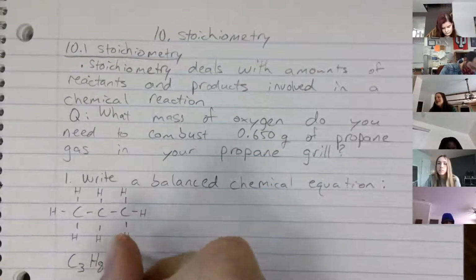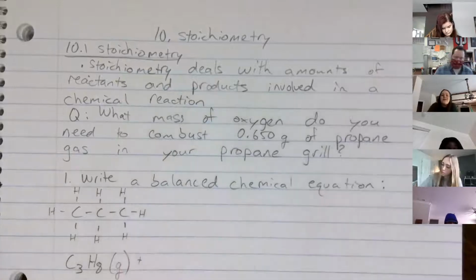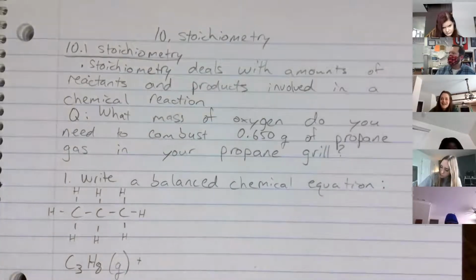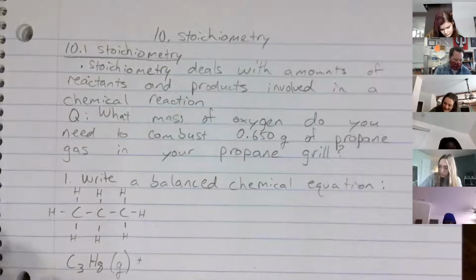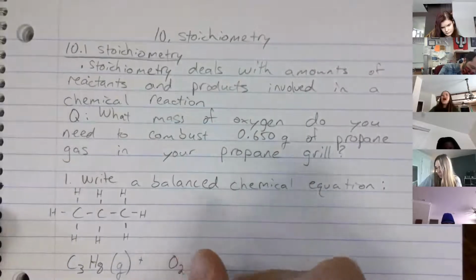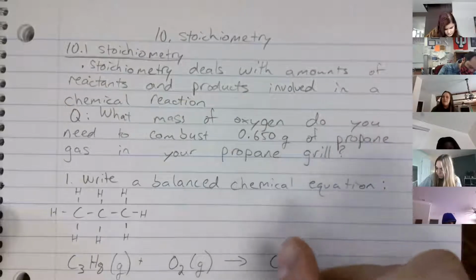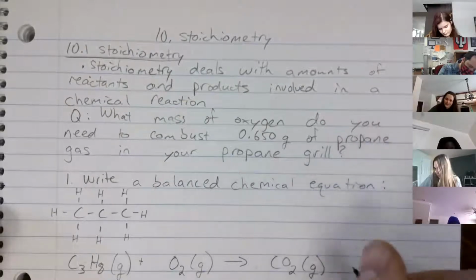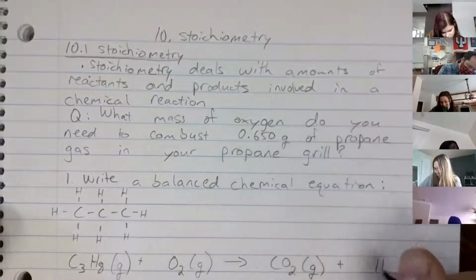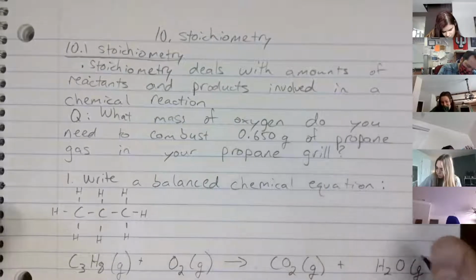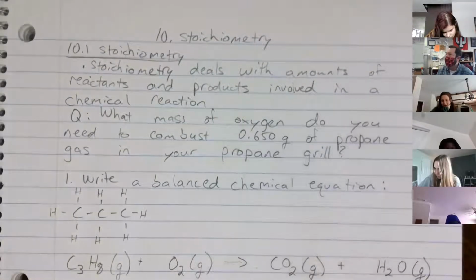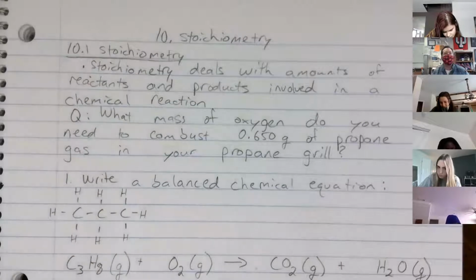Might as well add that little detail right away. And then the rest of it is pretty easy. We always have a hydrocarbon reacting with oxygen, and it always forms carbon dioxide and water vapor. So there we go. There's our material from last chapter right there. We can predict products.